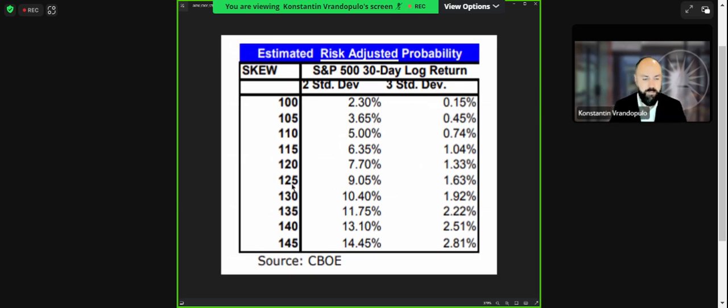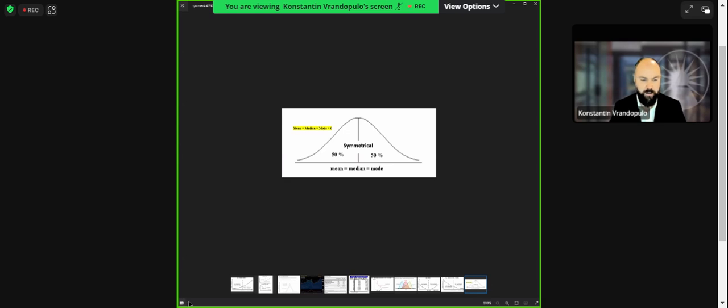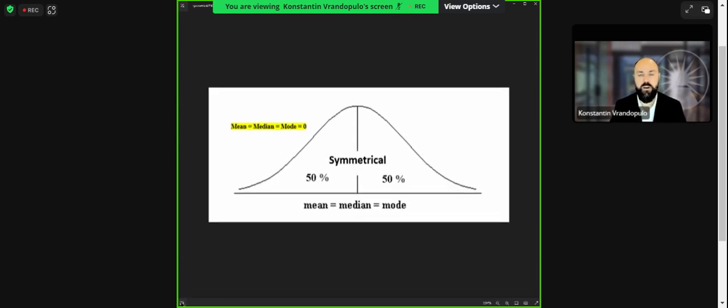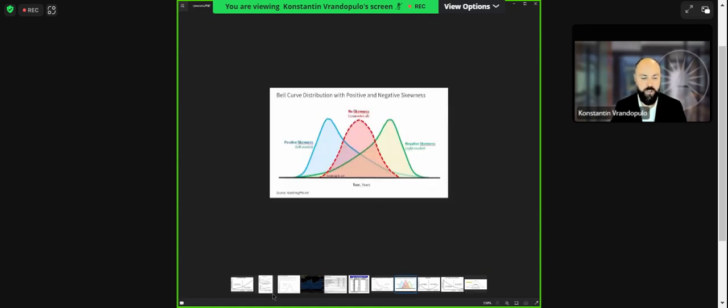So remember how we talked about normal distributions, right? Where mean, median, and mode is all the same. Symmetrical distribution of 50% on either side, truthfully normally distributed curve, right? In reality, though, what is the likelihood?